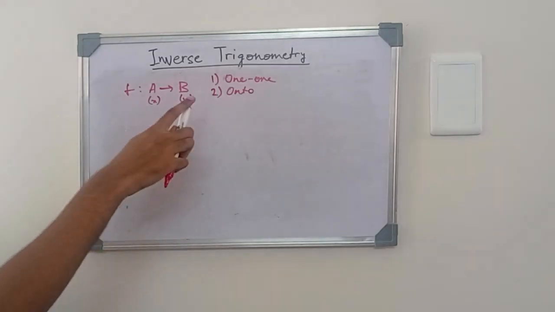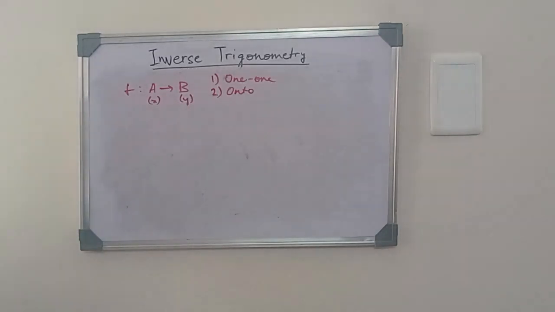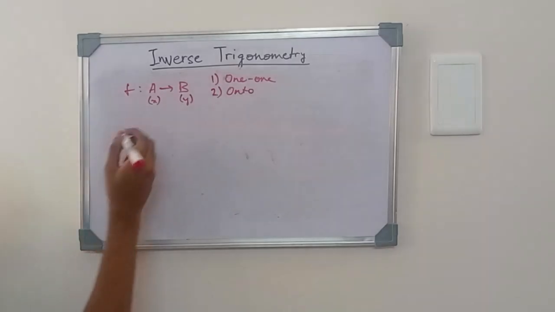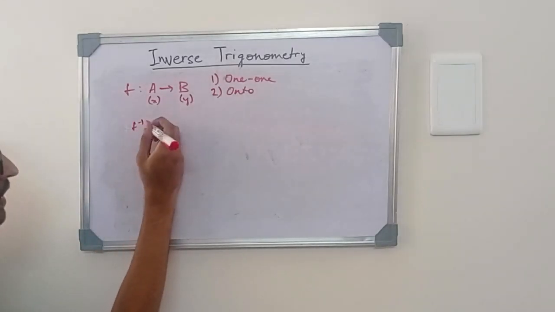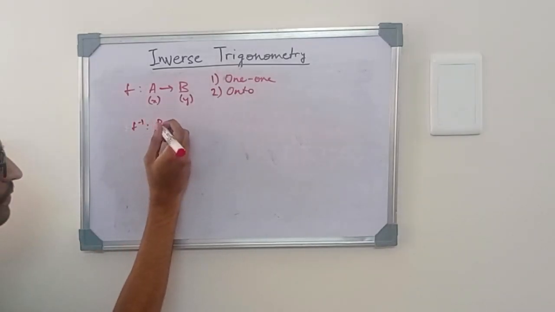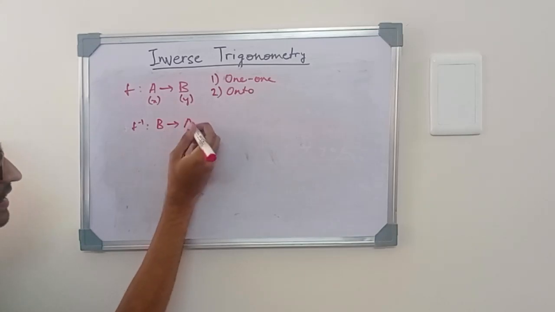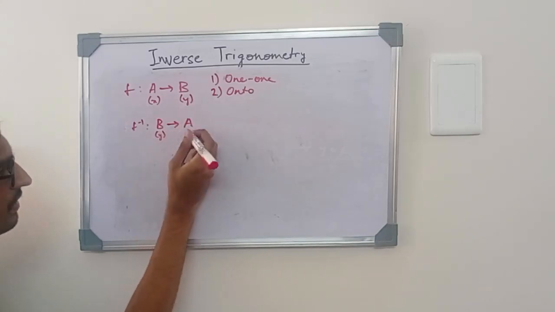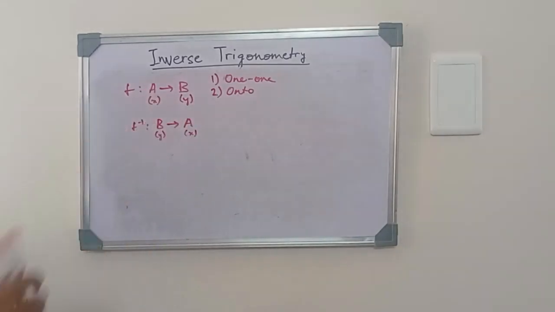Under these two conditions, the inverse of the function f is defined as f inverse, and here the domain is B and the codomain is A. So these two are interchanged, and it satisfies the following two properties.